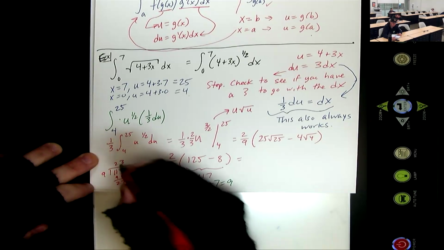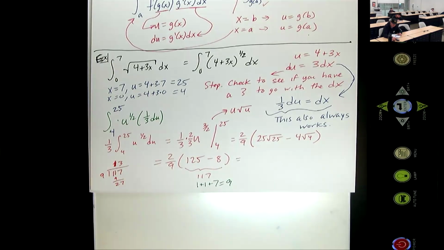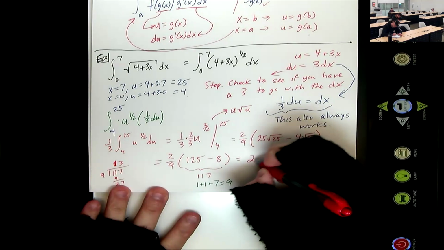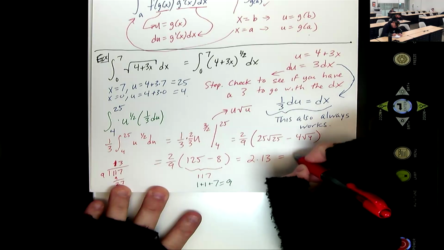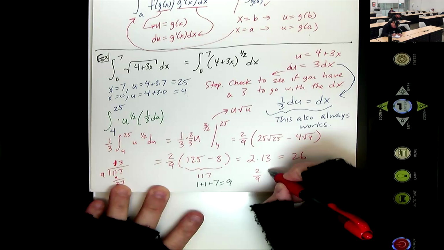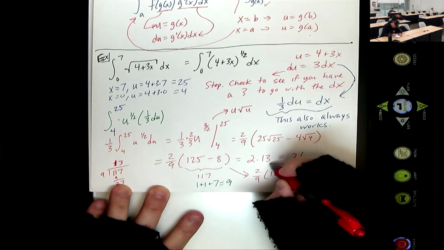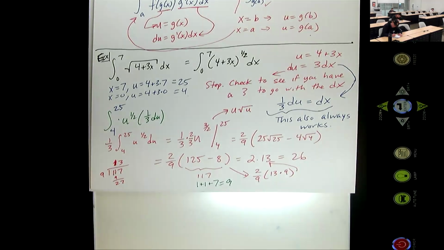It's 13. So this would be 2 times 13, which is 26. That's like doing a little bit better, showing why it's canceling, so the final answer is 26.